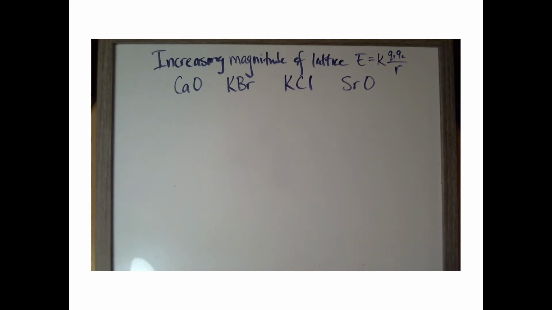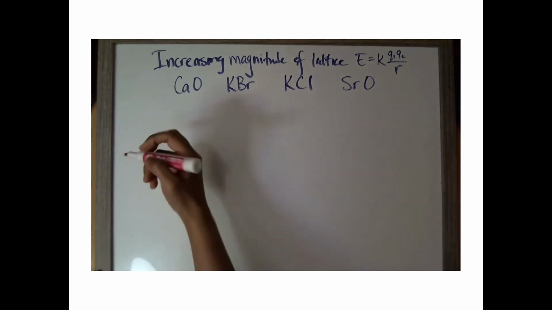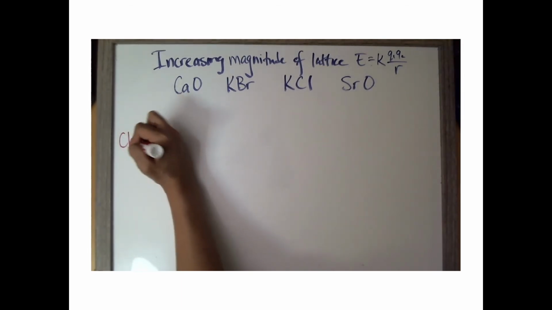So we have to take into account those two things when we're putting these four compounds in order. The more important characteristic is the magnitude of the charge. So we'll place these four in order of charge first.